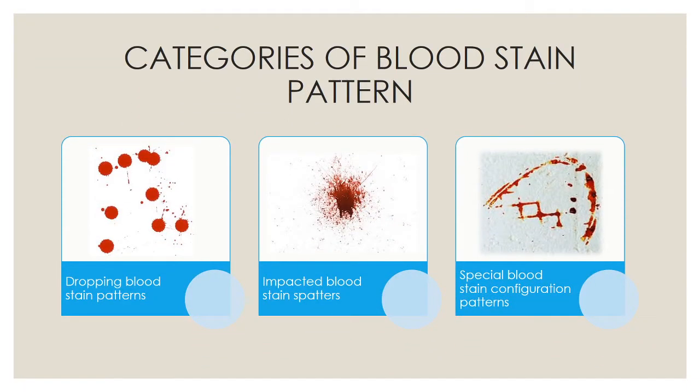So there are three categories of blood stain patterns. First one is dropping blood stain patterns, and then impacted blood stain patterns, and special blood stain configuration patterns. So dropping blood stain patterns are formed when the blood oozes out and falls like drops.